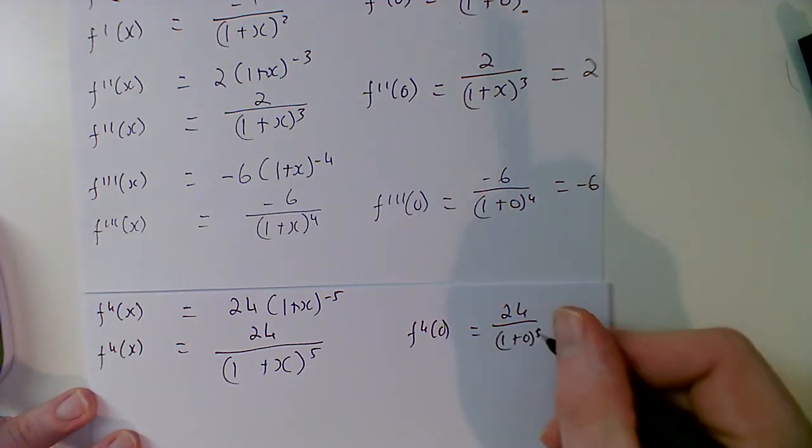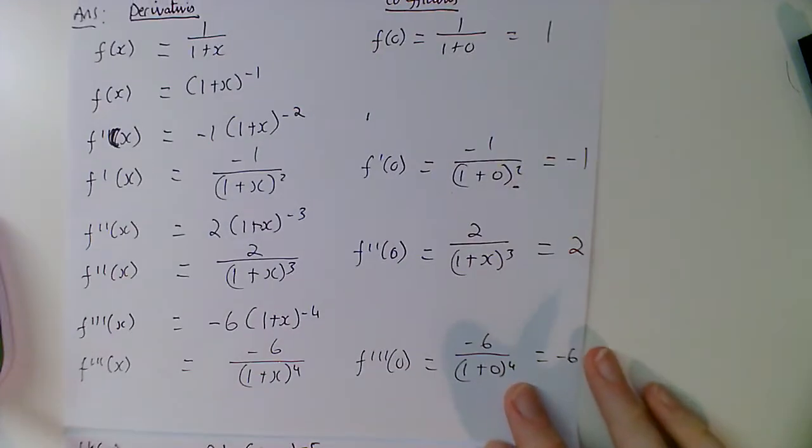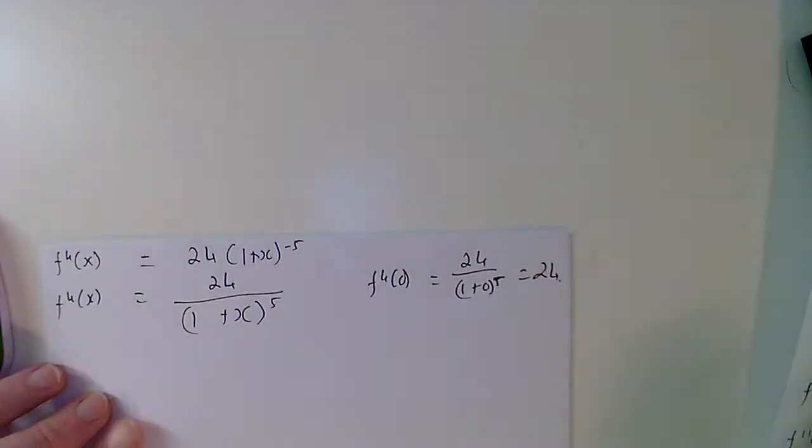So there we go, I've got my 5 coefficients. I've got 1, negative 1, 2, negative 6 and 24.